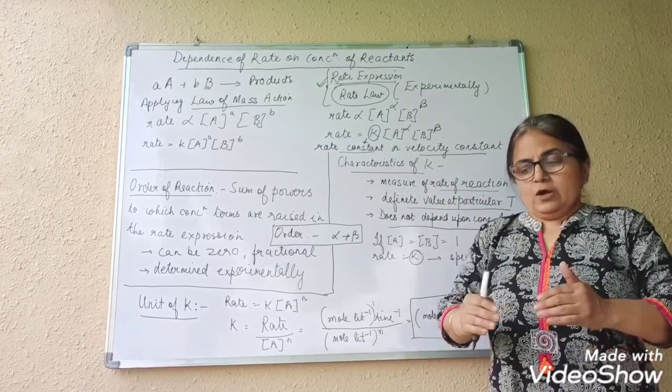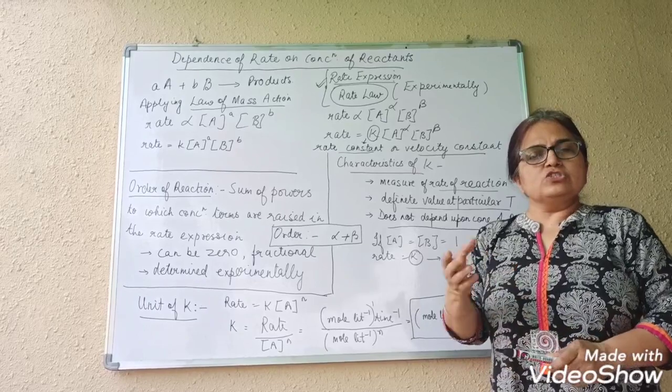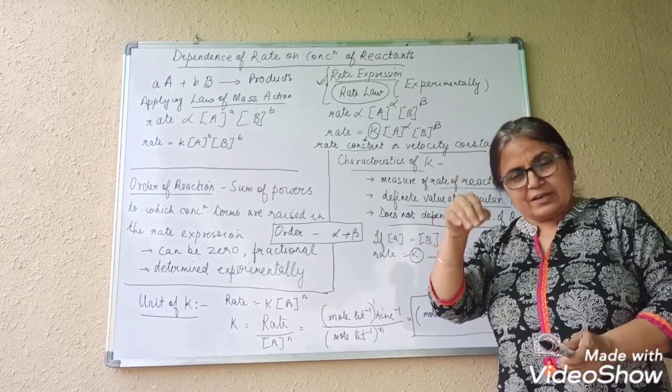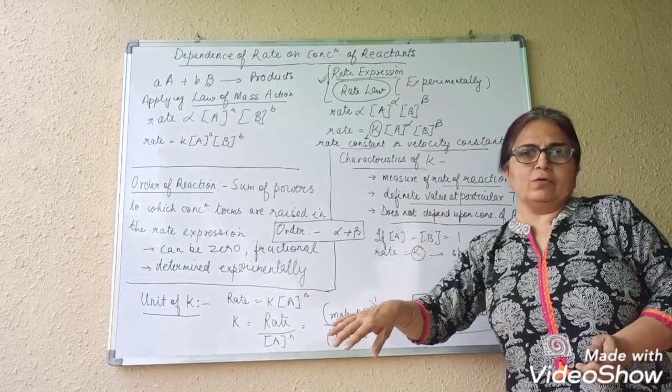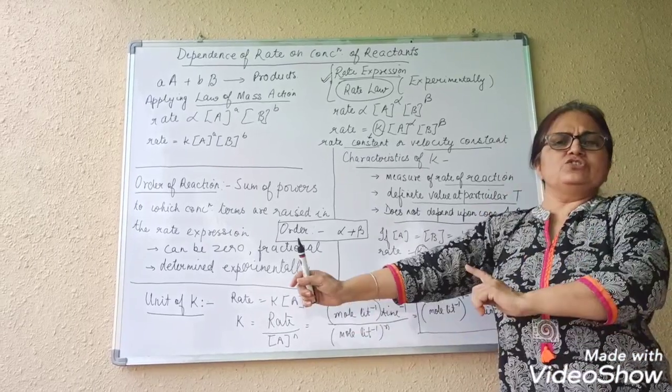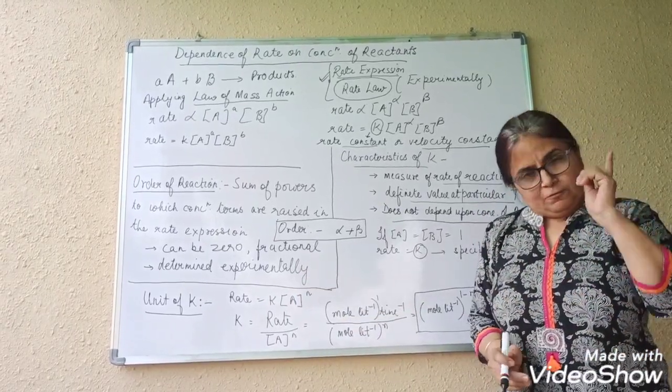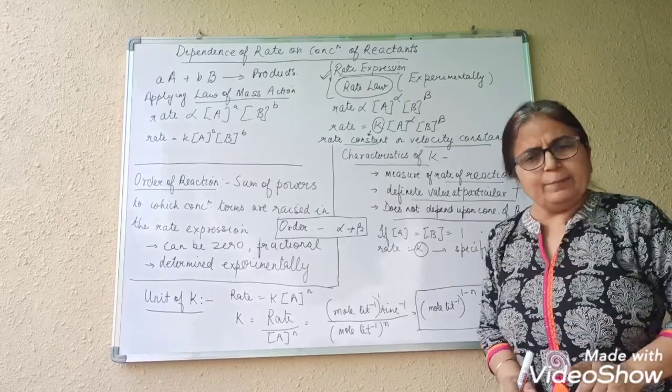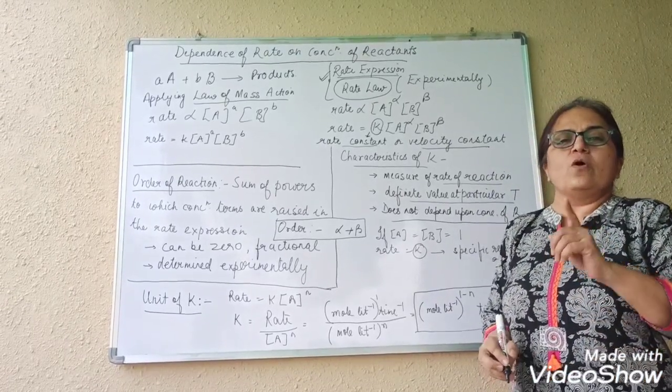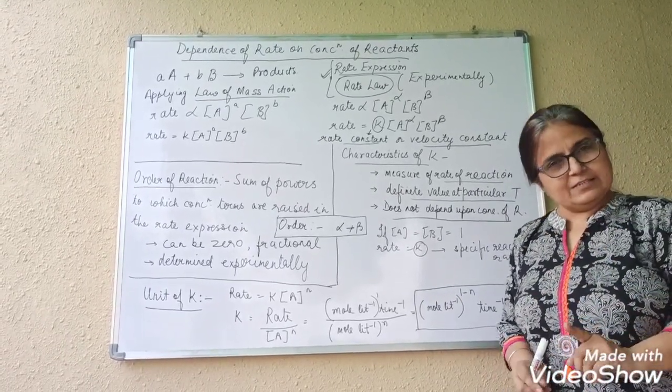As we have discussed, when the reaction is going on, the concentration of the reactant is always decreasing. That doesn't mean K goes on decreasing. Till the completion of the reaction, K will remain fixed, so it is not dependent upon the concentration of the reactant. Is this clear?